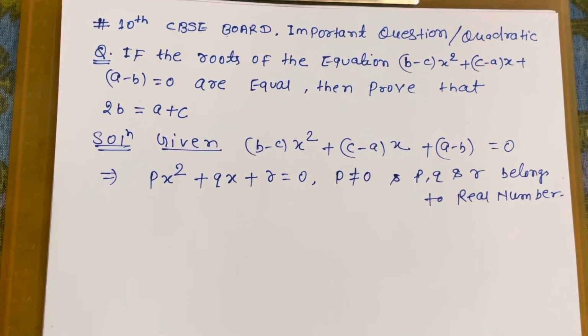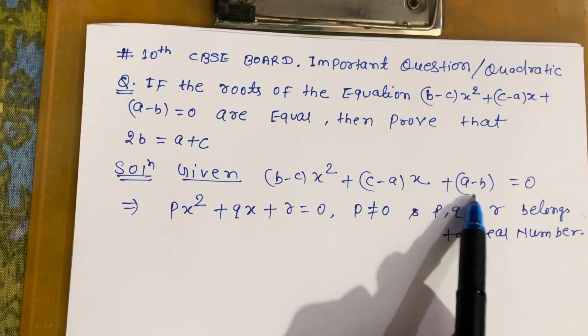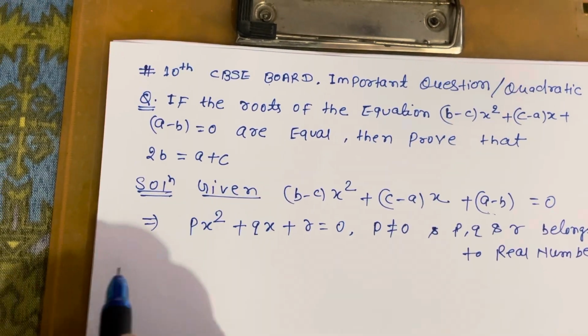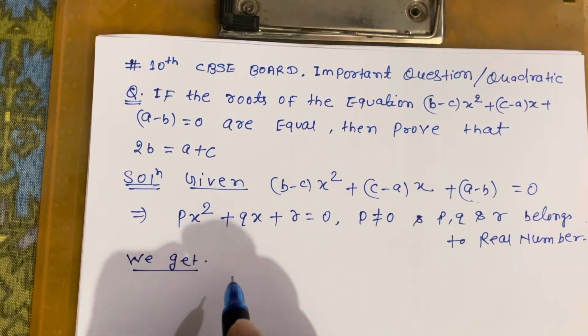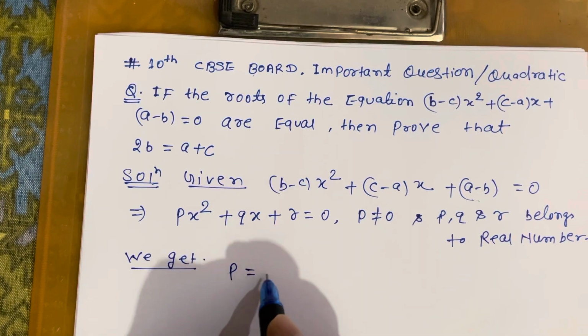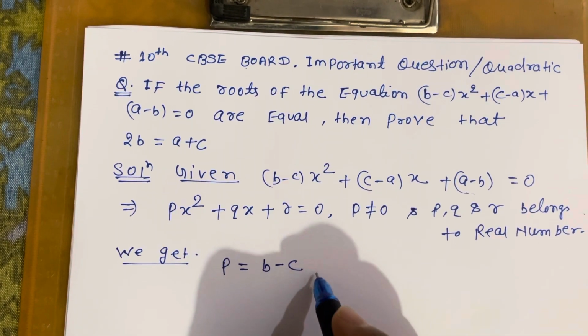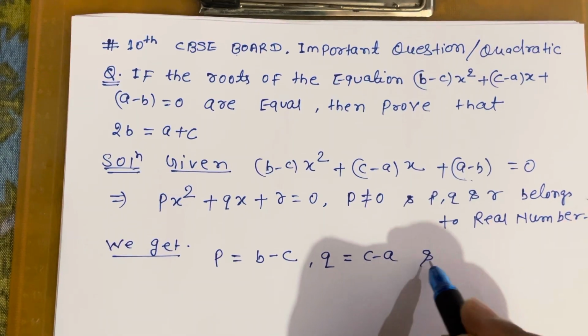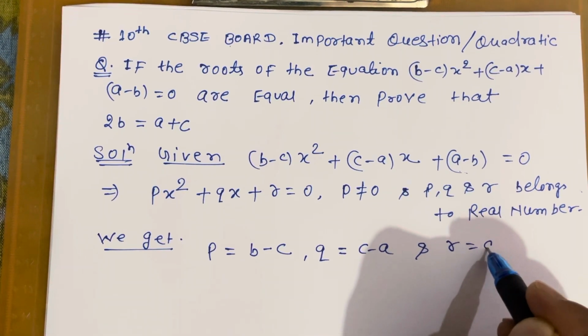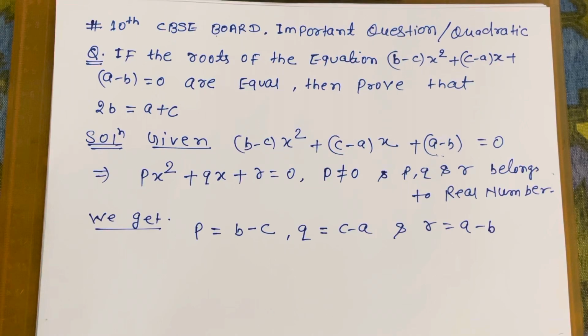Okay. So if we compare this equation with this equation, what do we get? p is equal to b minus c, q is equal to c minus a, and r is equal to a minus b.